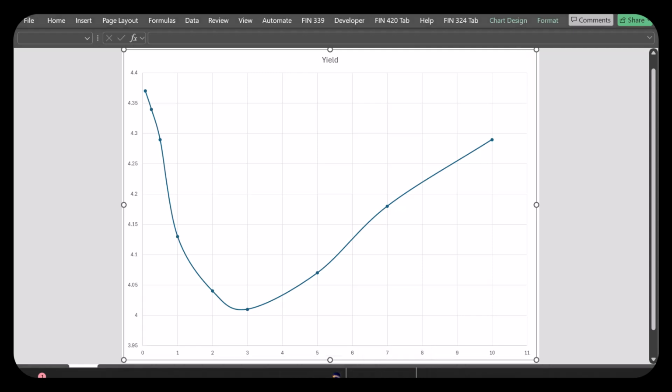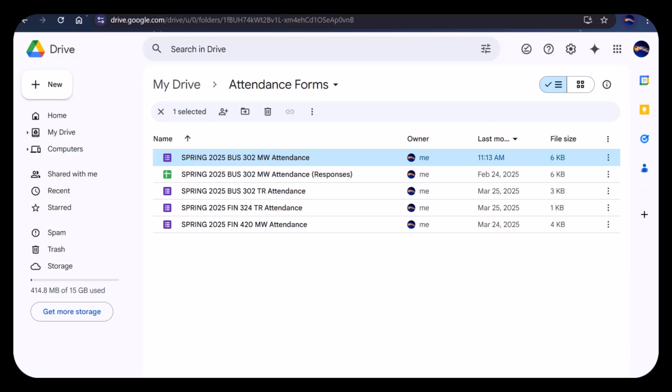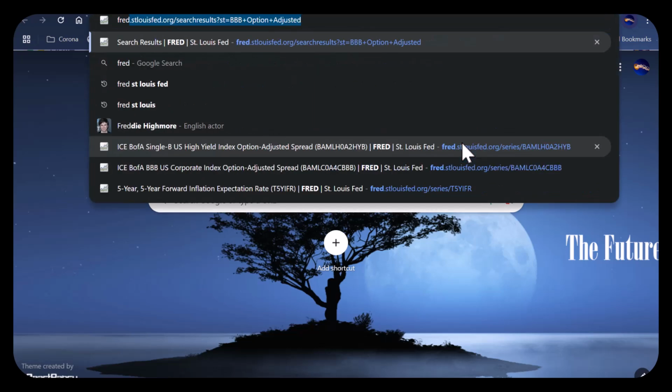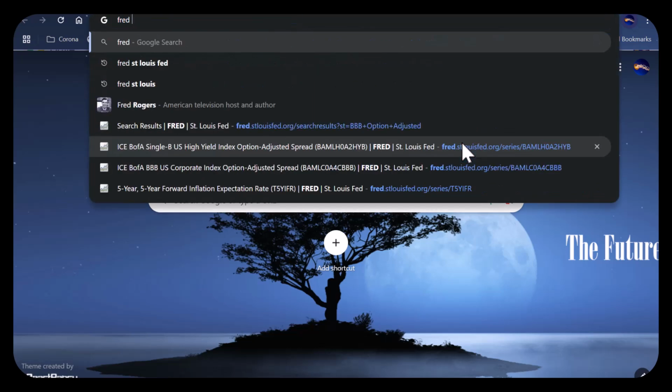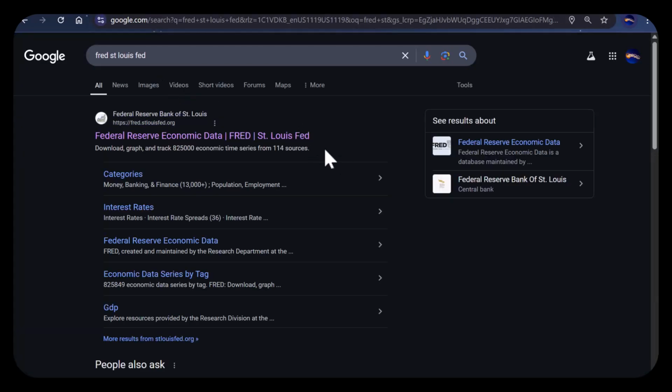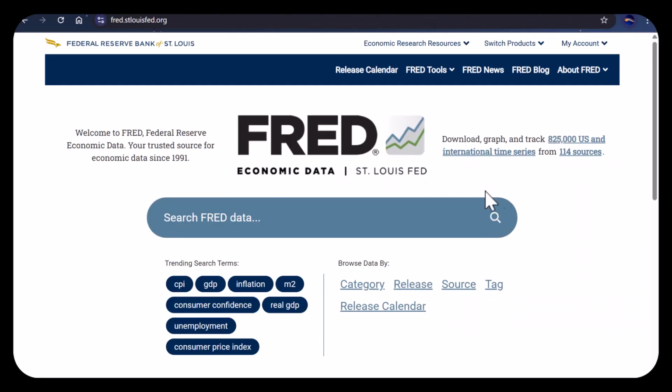This is always a very useful website for data. Federal Reserve St. Louis has a database called FRED, which is short for Federal Reserve Economic Database. It contains a lot of historical information.